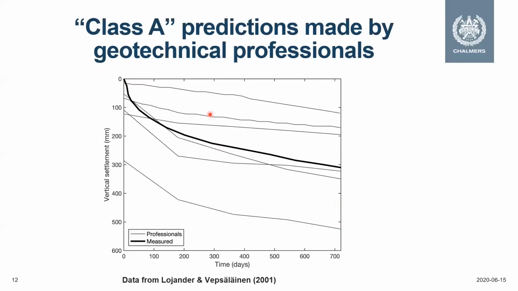So there most probably were issues both with the rate of settlement and the final settlement. And obviously, some people also have taken into account the immediate settlement, which to some extent is not in the field monitoring data, because the field monitoring data only starts when the embankment is at its full height.